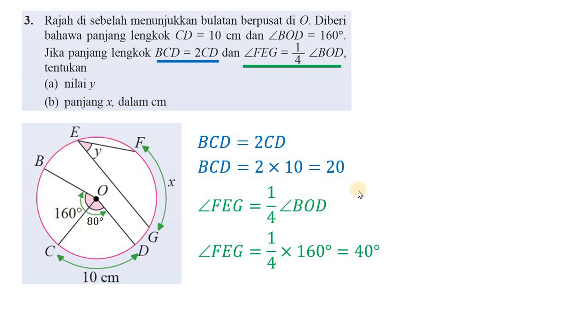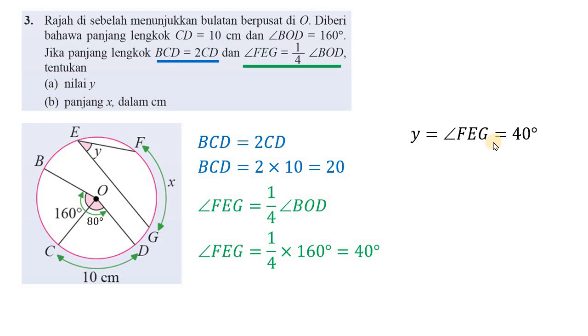So the angle FEG will equal to 40, by using 1/4 multiplied with 160. So the value of y will equal to 1/4 multiplied with 160, that is 40 degree, equal to the angle FEG. So this is angle y.